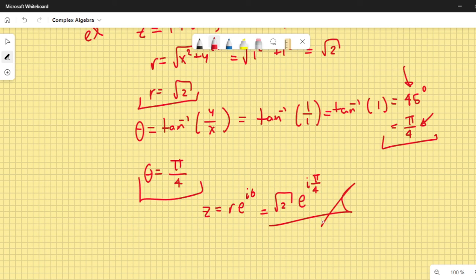That will be the polar form, which is equivalent to 1 plus i. It's the same point in the complex plane. It's just a different representation, which turns out to be very useful for a lot of applications.